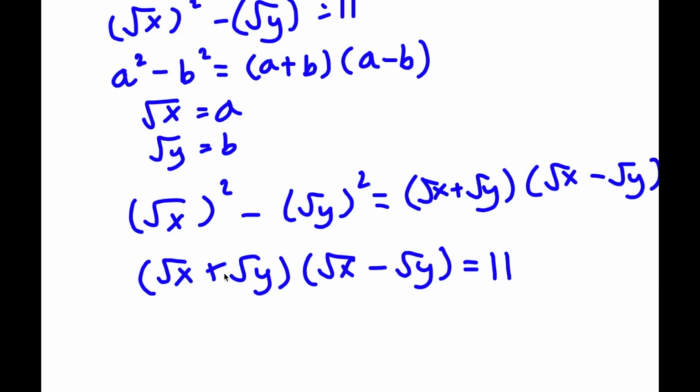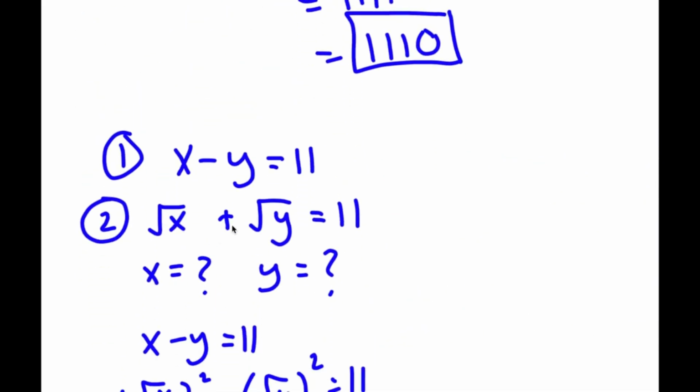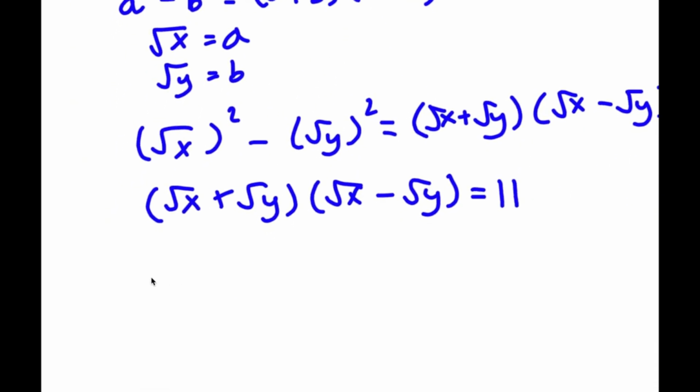Now remember, our second equation was the square root of x plus the square root of y is equal to 11. So right here, as you see, we have the square root of x plus the square root of y. So I'm going to substitute in 11 for the square root of x plus the square root of y. So now I have 11 times the square root of x minus the square root of y is equal to 11.